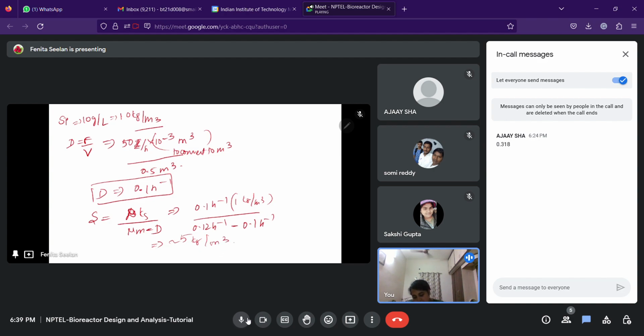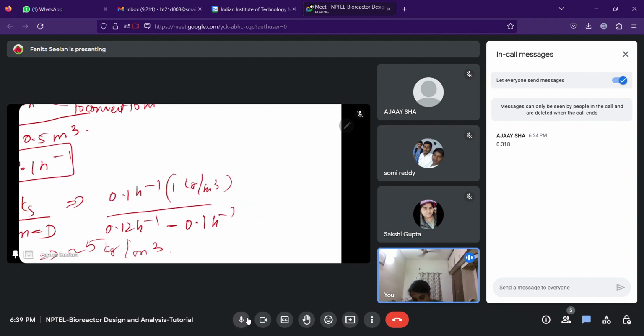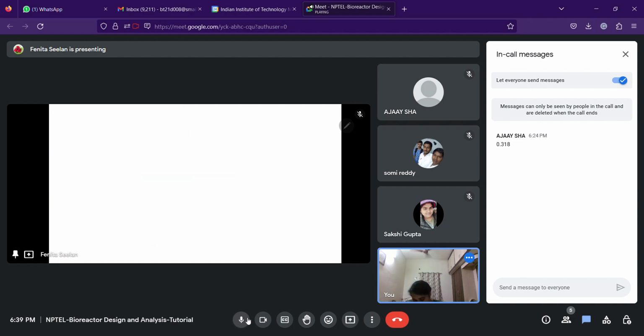So the value of S we have calculated. How do we calculate our X term? A formula similar to the previous problem: X is equal to D times Si minus S, divided by D divided by Yxs plus ms. Substitute the known variables there: 0.1, and the S value we just found out.